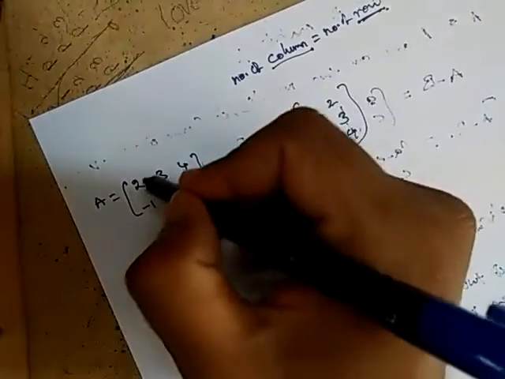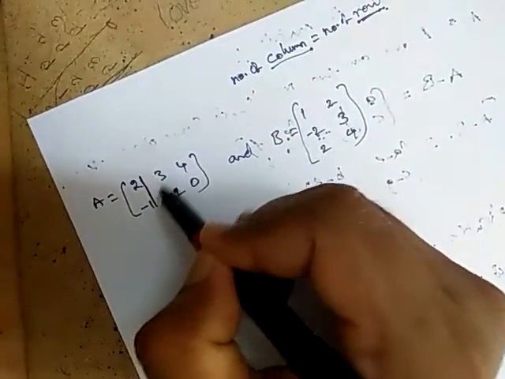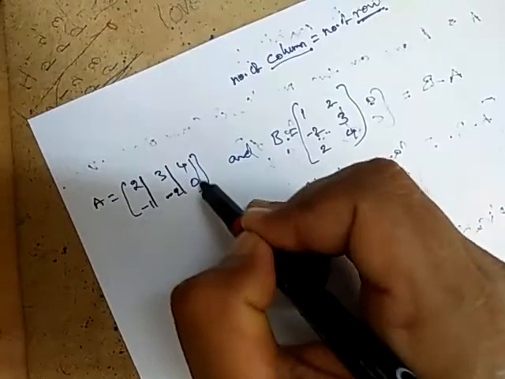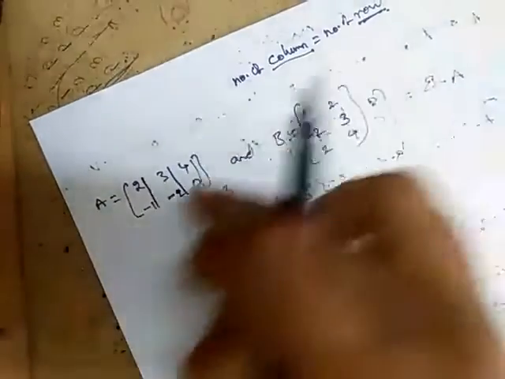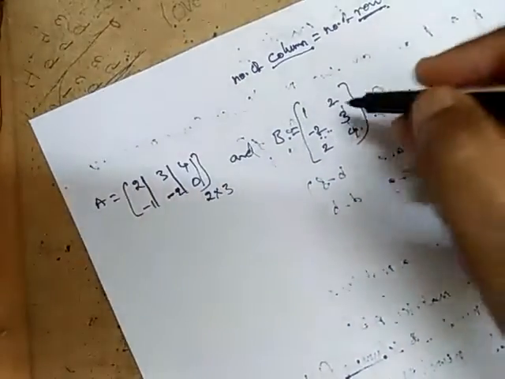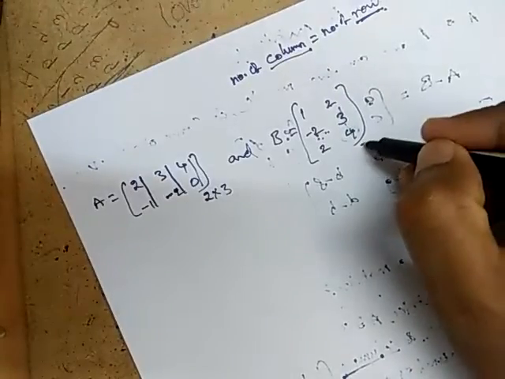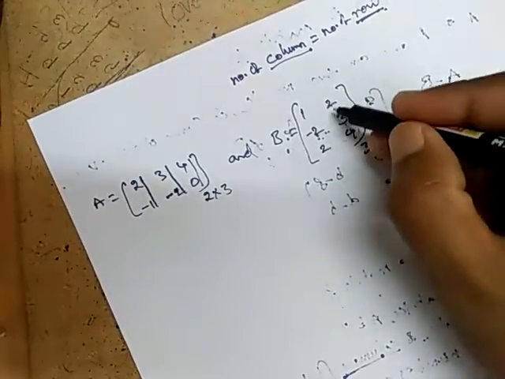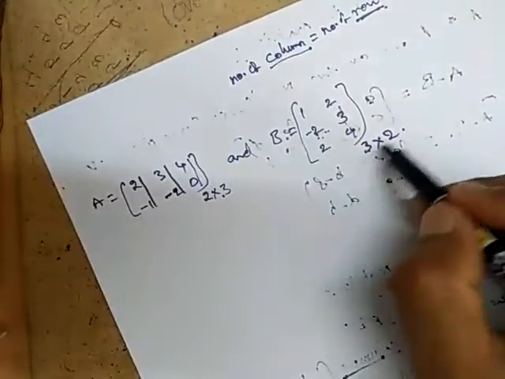In the first matrix, how many columns do you have? First column, second column, third column. That means this is a 2 by 3 matrix: first row, second row. Here in the second matrix, first row, second row, third row. How many rows? 3 rows, and 2 columns. So we have 2 by 3 and 3 by 2.